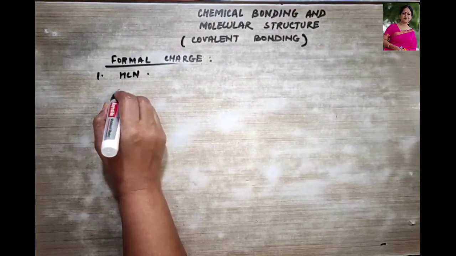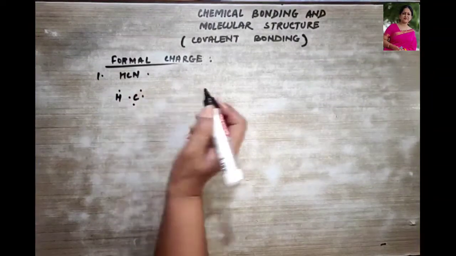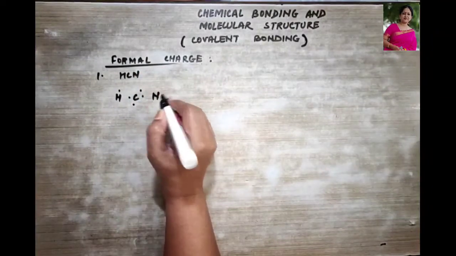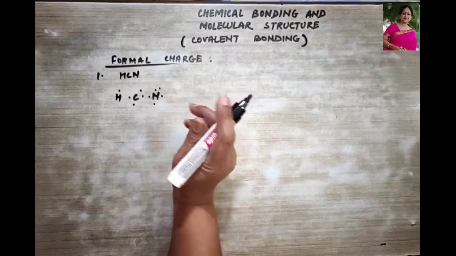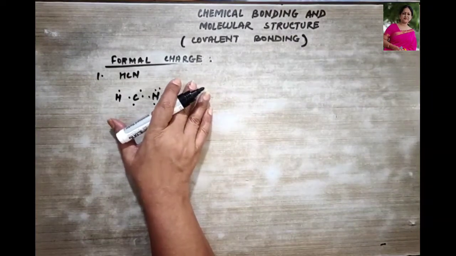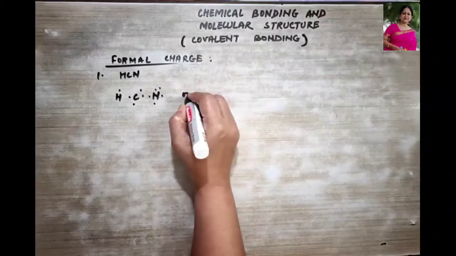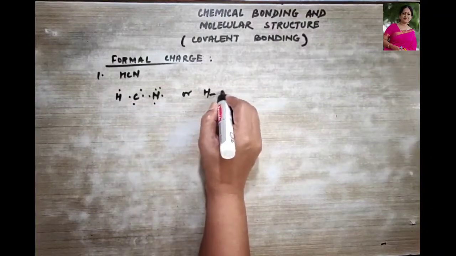So H, right? Then C means what? 1, 2, 3, 4. And nitrogen means what? Nitrogen is 5. So 1, 2, 3, 4, 5. Clear? So this is your Lewis dot structure. It can also be written as H combined with a single bond.